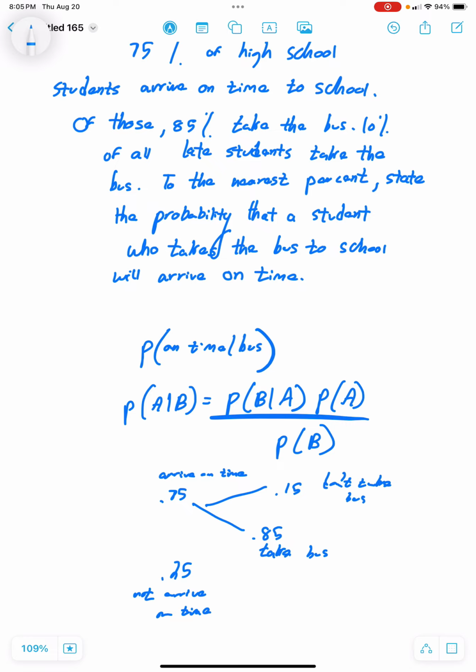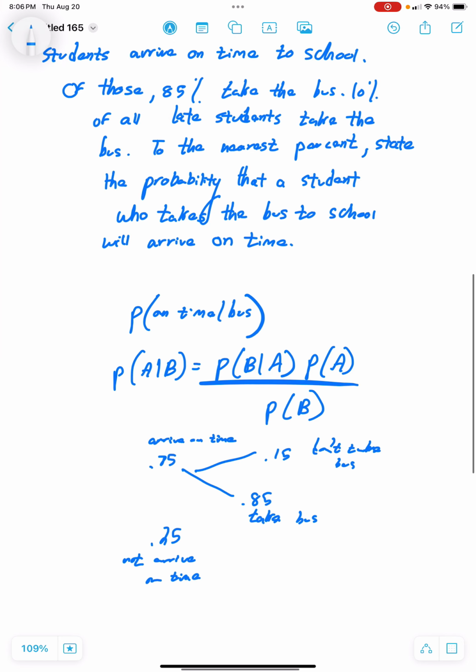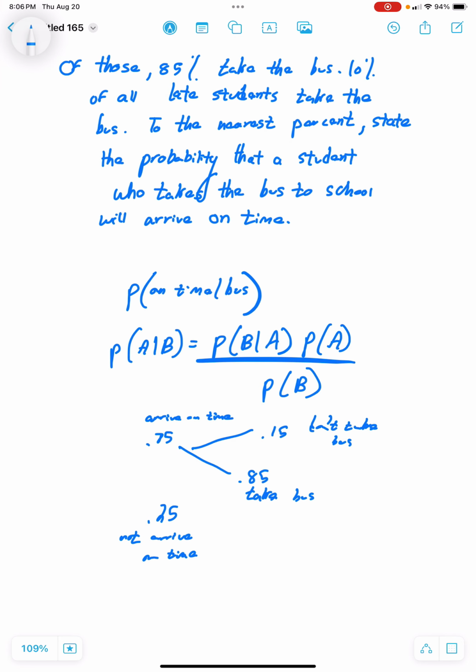And then it says 10% of all late students take the bus. So now I can do this. Here's 0.10, and here's 0.9. Here's take bus, here's don't take bus.